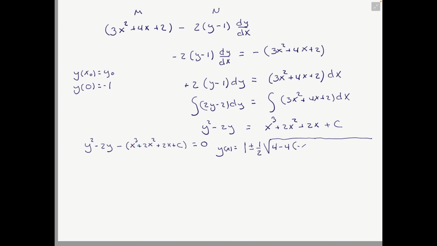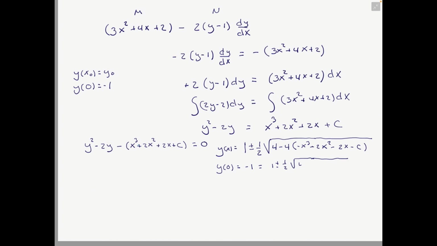And then y would be equal to 1/2 of 2, but that's 1 because there's a 2 there, 1 plus or minus 1/2 square root of 4 minus 4 times negative x cubed minus 2x squared minus 2x minus c.